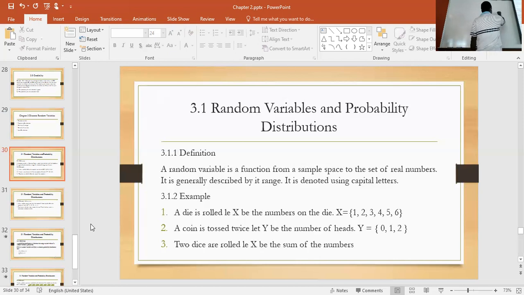These are the outcomes. If we count the number of heads, then we have 2 here, 1 here, 1 here, and 0. So the random variable will be 0, 1, 2. This is tossing a coin twice. We can toss a coin 3 times. We can toss a coin 100 times and count the number of heads.